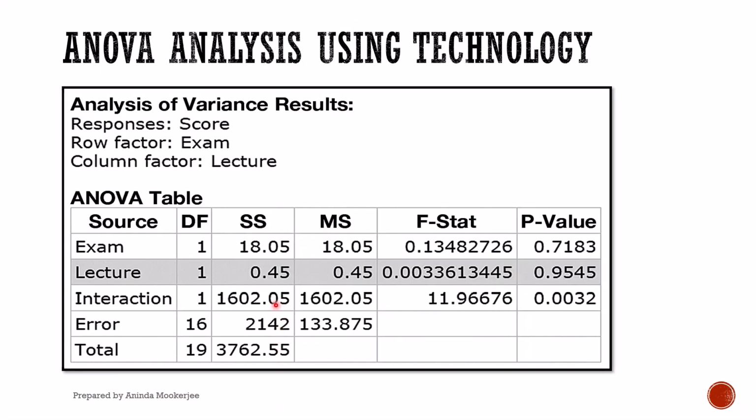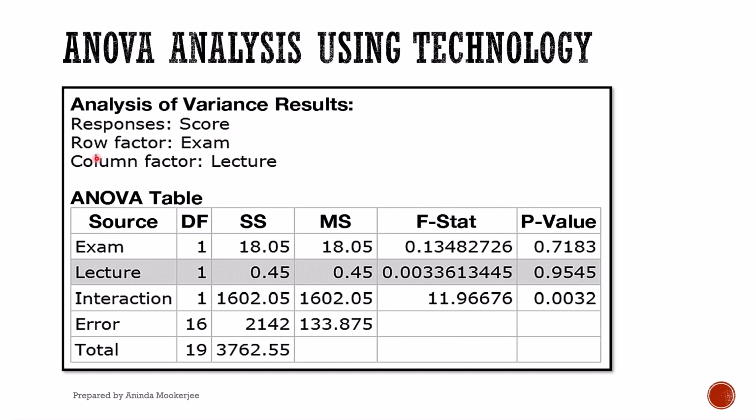Now here we have been given a technology-generated two-way ANOVA table. We will go through the table one by one, all the cells, and try to understand what these values refer to. This is an example for which we haven't been given any details, but we've been told that the response variable is perhaps the score on a test.